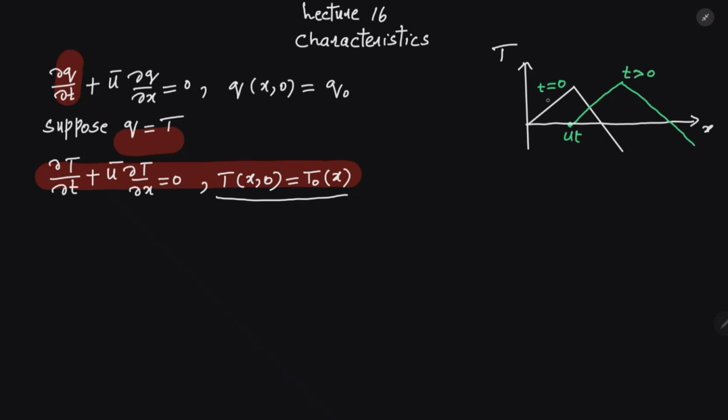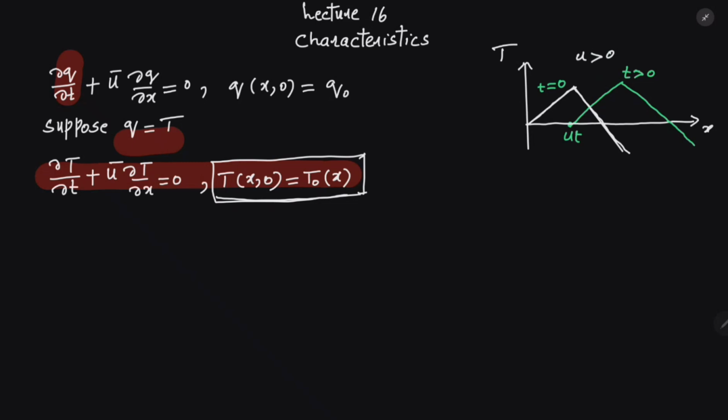When t is equal to 0, we have some temperature profile like this. What the advection equation does is it just translates this temperature towards right when u is greater than 0.